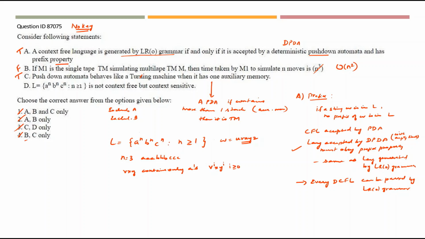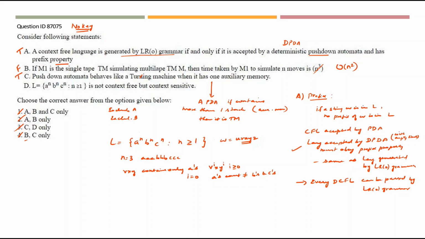So in this case, when I mark i equal to 0, from the number of A's I will be removing at least 2 A's. Then the A's count will not be equal to the B's count and C's count. Once A becomes less than the number of B's and C's, that is not a valid string generated by the language.